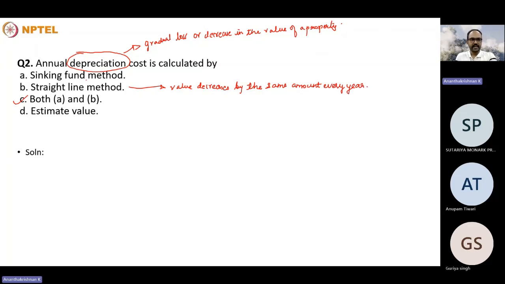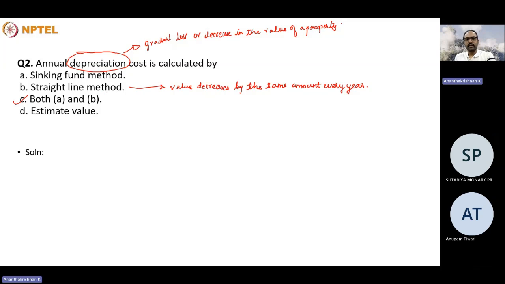The other one is the sinking fund method. This is more like the compound interest that we used to study. Here, the depreciation of the property is assumed to be equal to an annual sinking fund plus the interest on the fund for that particular year.